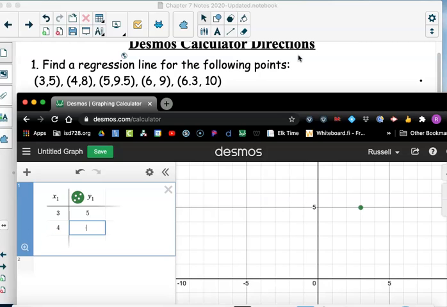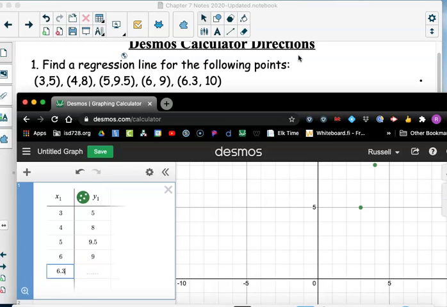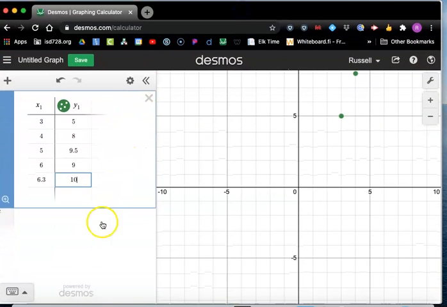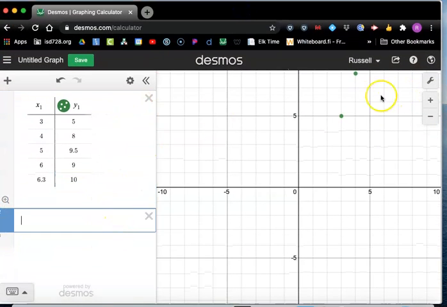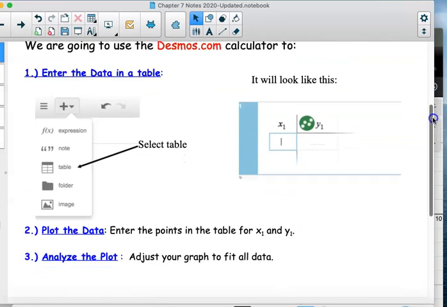So 4, 8, 5, 9.5, 6, 9, and 6.3, 10. Okay? And so now if I look at my screen, I see a couple points, but I don't see all of them. Okay? And so we get our table.